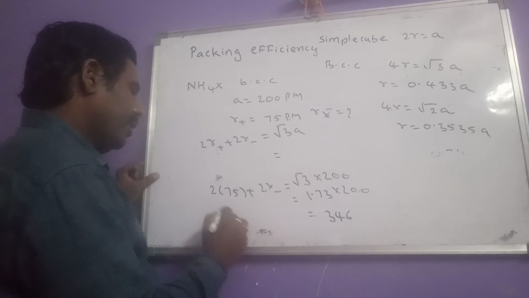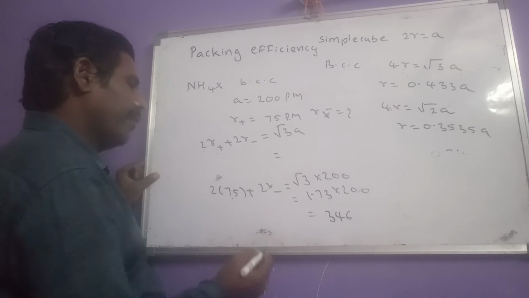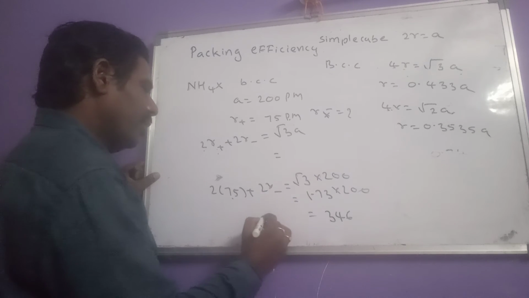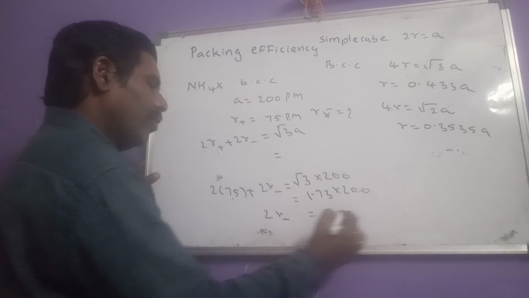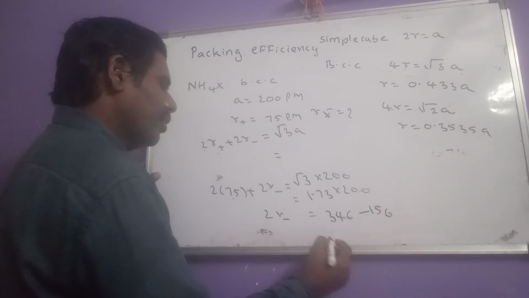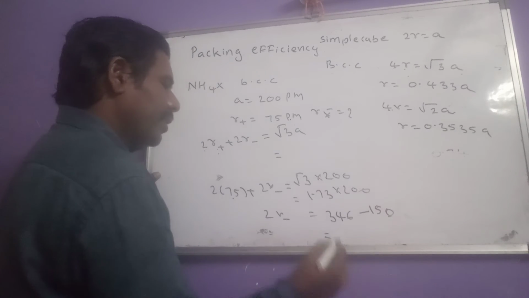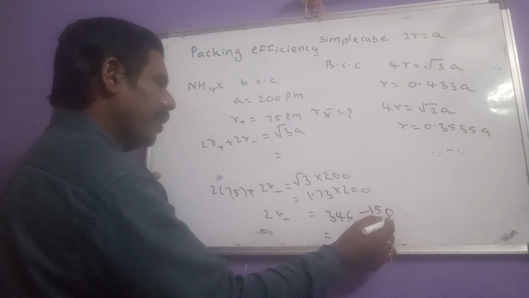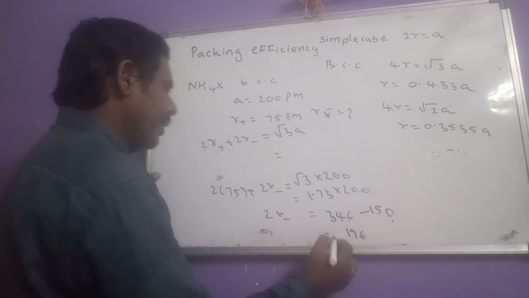Now 2 into 75, what can we get here? 150. Therefore 2 into R minus equals 346 minus 150. 150 we have to subtract. 346 minus 150 means we get 196.